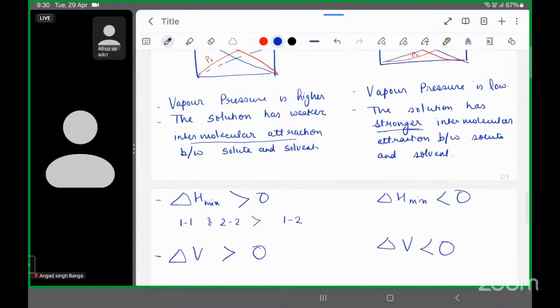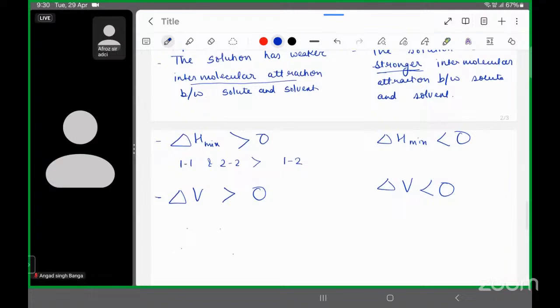Okay. And in negative deviation, what happens? Delta H mixing, the enthalpy change, is less than zero. It means the solute-solvent interaction is greater, so they release more energy. So energy is released here, so it is exothermic. And here it is endothermic.